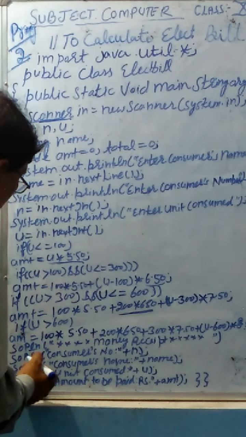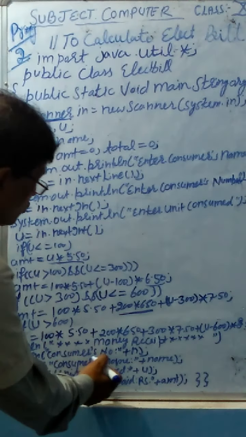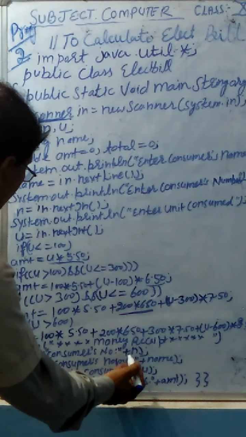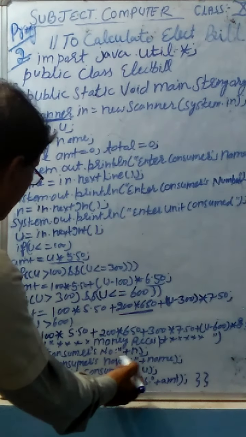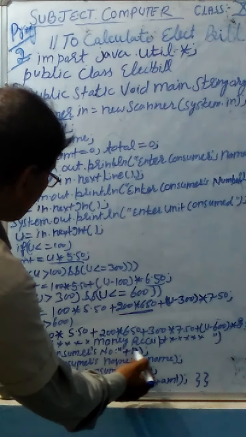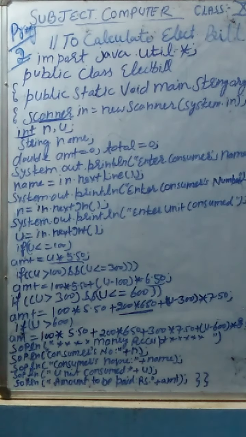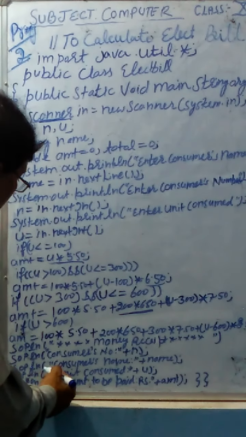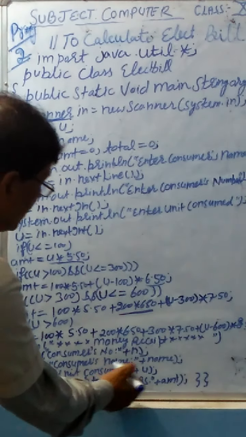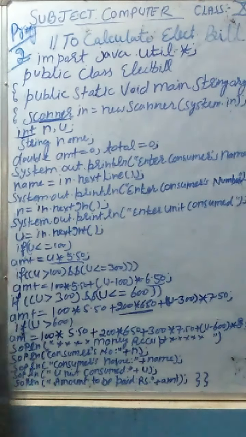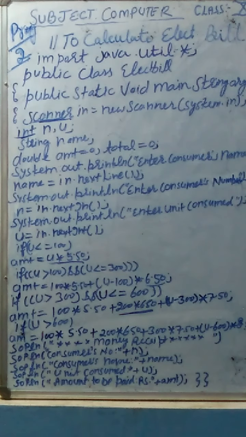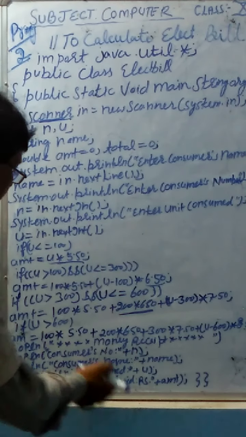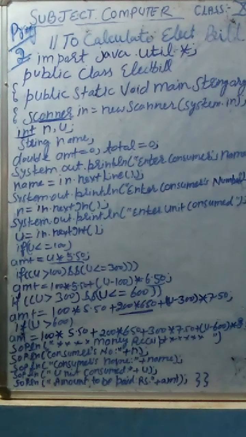Now System.out.println then consumer name in double quote. For the consumer name we have to use the name, and for the consumer number n. Next we will print System.out.println consumer name and then plus name. Then next we have to print the unit consumed in double quotes you will write and then plus u.